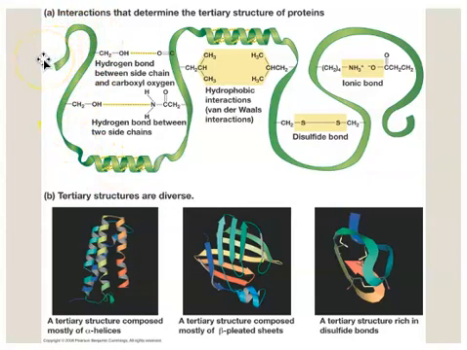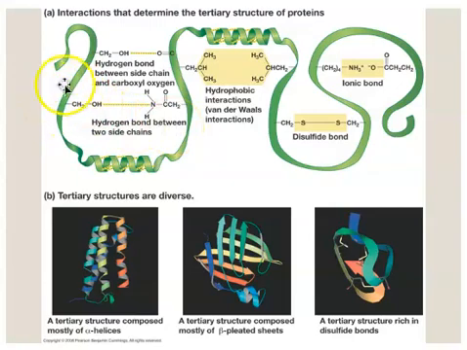But remember, polypeptides don't stay as chains in living cells. Polypeptides fold up to create proteins. And the folding is the result of weak interactions. What they're showing us here is hydrogen bonding going on.